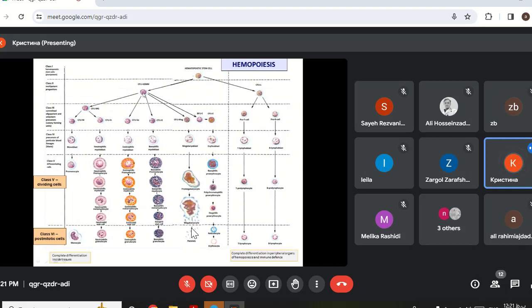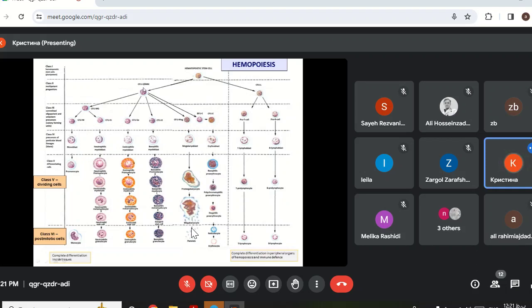This is the colony forming unit. CFU stands for colony forming unit, because if you plate it into a laboratory plate, it will divide and make a colony of the same cells. So it is called colony forming element. And it is the colony forming element for granulocytes, erythrocytes, monocytes, and megakaryocytes.